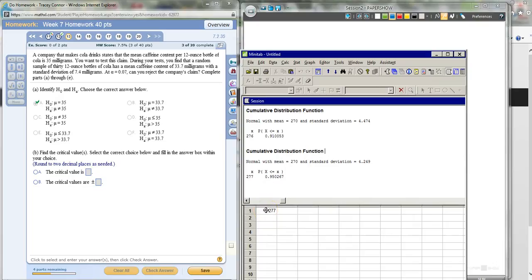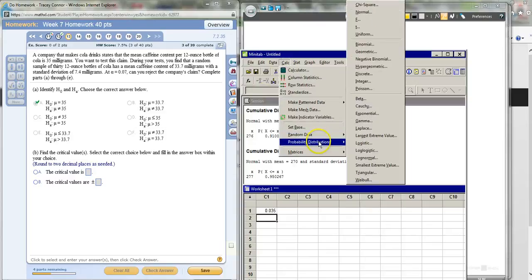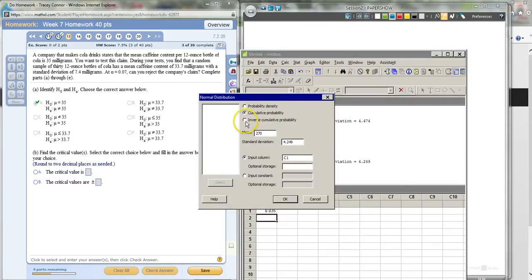Again, we're going to use Minitab, and we're going to use a slightly different function. What we need to do is put in the value to the left of the z-score that we're looking for. So we're going to put in 0.035, and then go to Calc, Probability Distribution, then Normal, and this time choose Inverse Cumulative Probability.